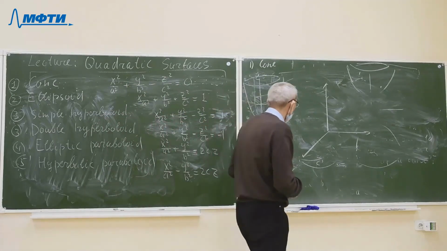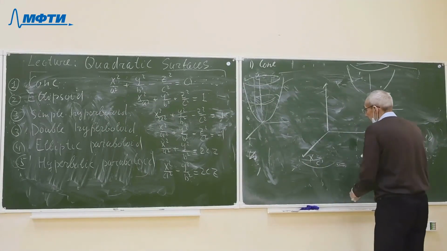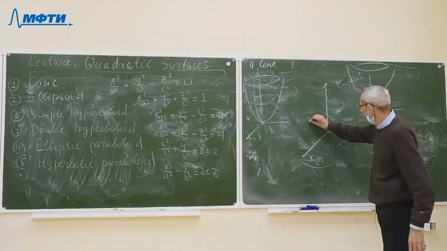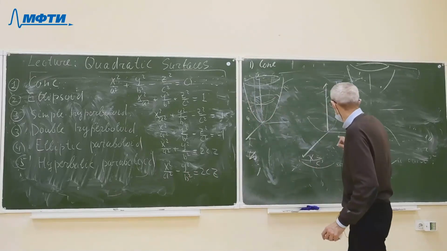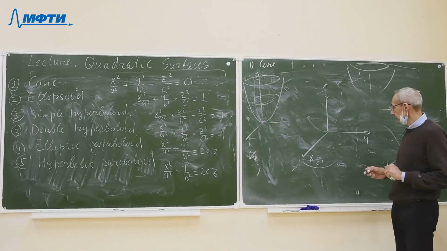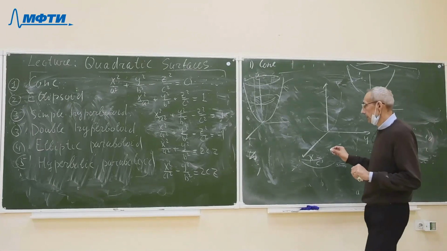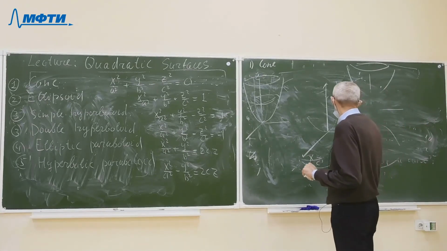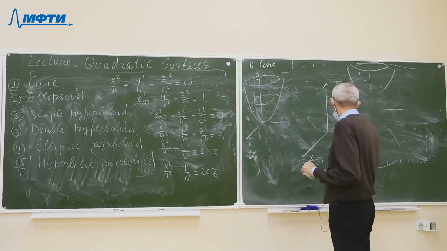Y is equal 0, x, y. Y is equal 0, we obtain the parabola which is directed up. If x is equal 0, we obtain one directed down.